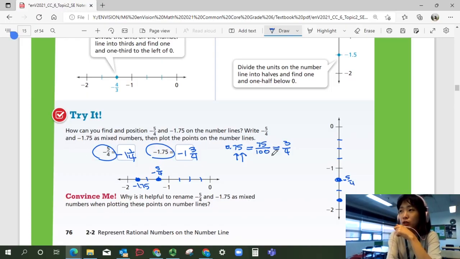Okay, check your answers. Now let's look at convince me. Why is it helpful to rename -5/4 and -1.75 as mixed numbers when plotting these points on number lines? So like, why is it helpful to make them into a mixed number?